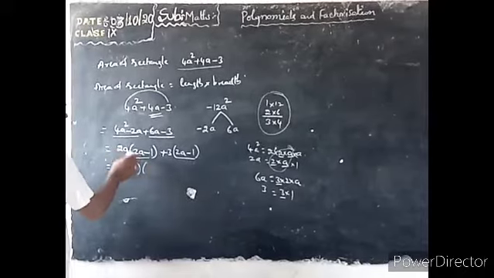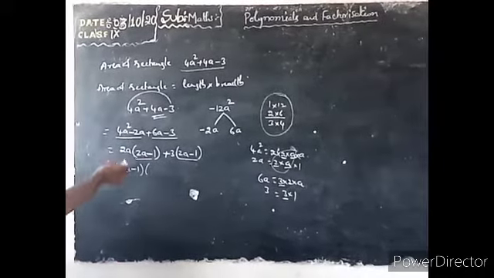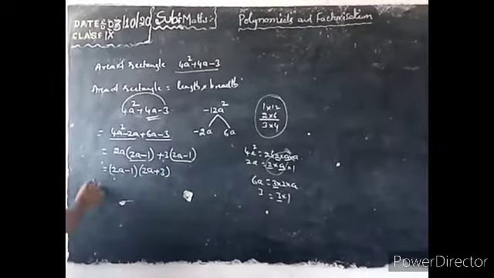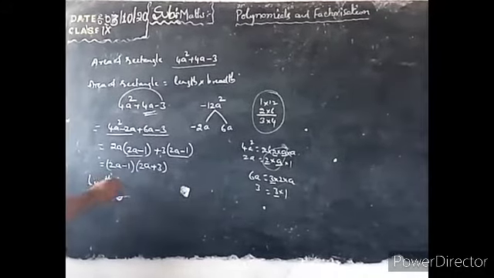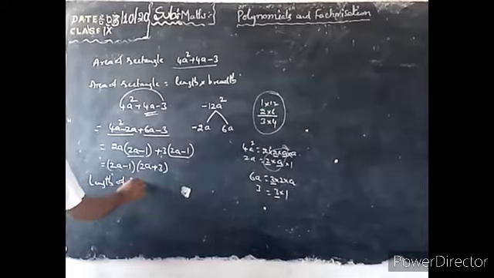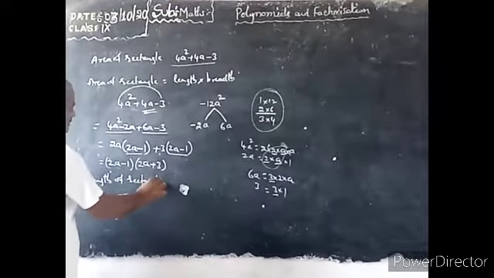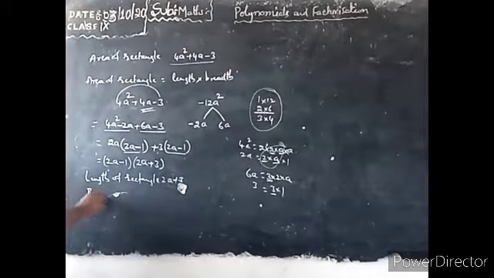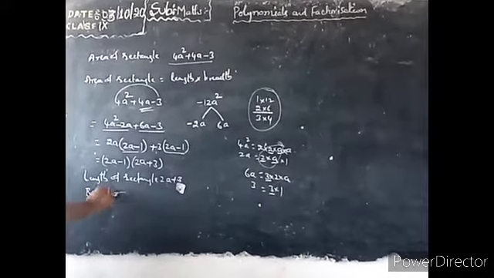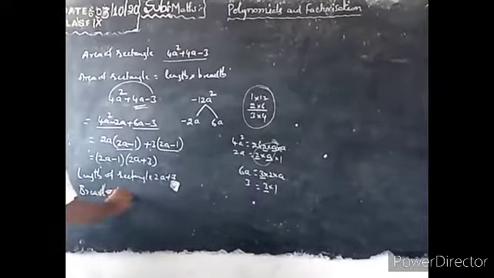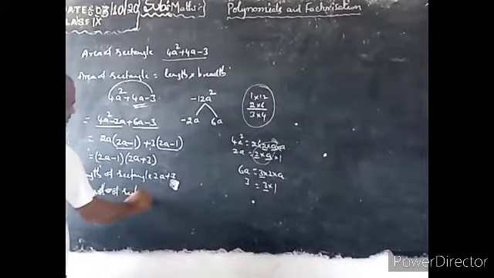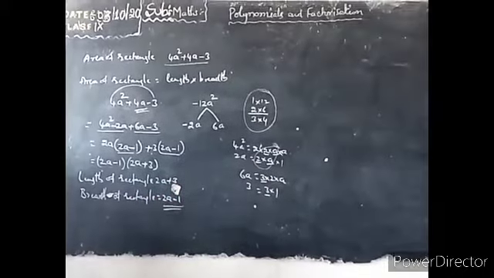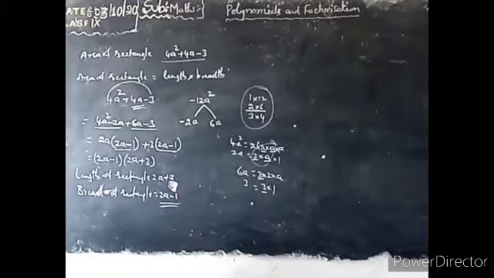After 2a minus 1 is taken as common, what remains? 2a plus 3. So the length of the rectangle is 2a plus 3 and the breadth of the rectangle is 2a minus 1.